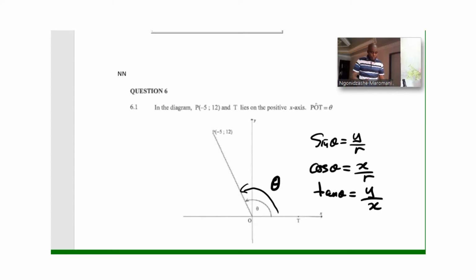Lastly, and most importantly, x squared plus y squared is equal to r squared. R will simply be the distance, in this case the distance OP.